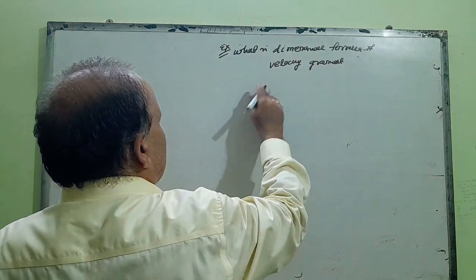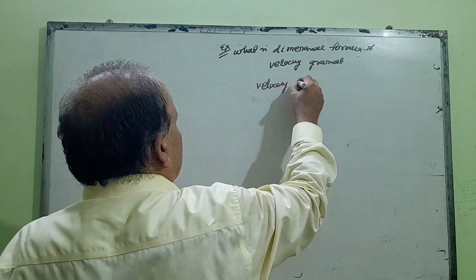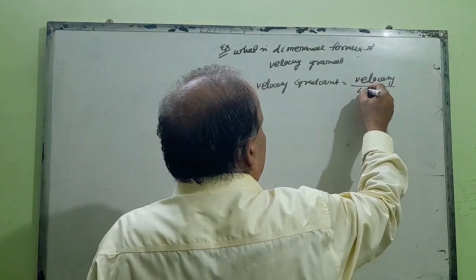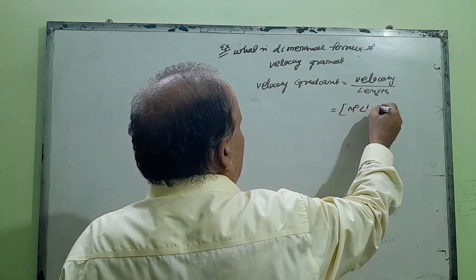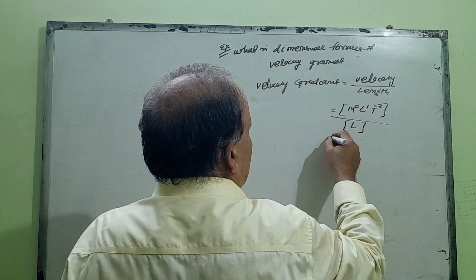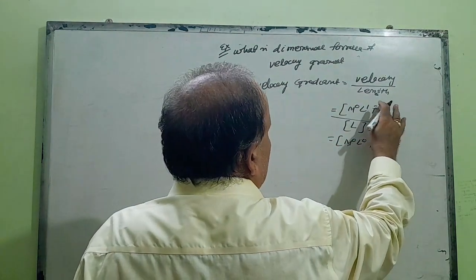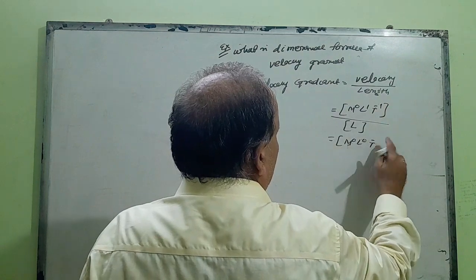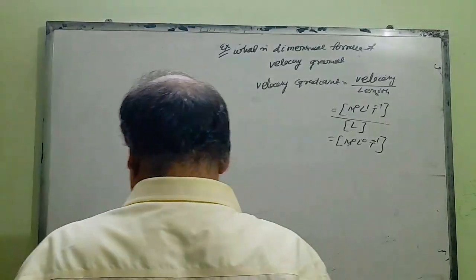Velocity gradient, you see, velocity by length. What is the dimensional formula for velocity? M0 L1 T to the power minus 1 by length. That is your M0 L to the power minus 1 T to the power minus 1. This is the dimensional formula of velocity gradient.